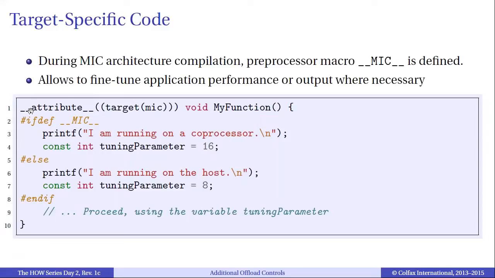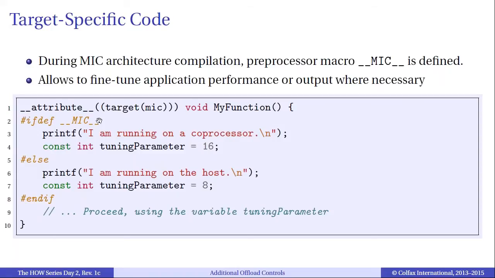It also can be used in Fortran, even though it is not common practice, but you can do that. What's the meaning of this macro? Well, I have a function which is declared as offloadable. So the compiler will compile this function twice, once for the host and once for the Xeon Phi. So when the compiler is doing the Xeon Phi compilation, this macro is defined.